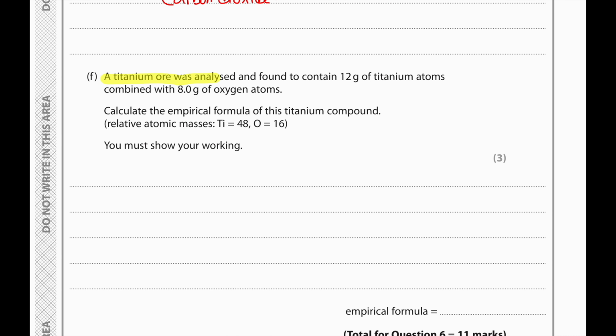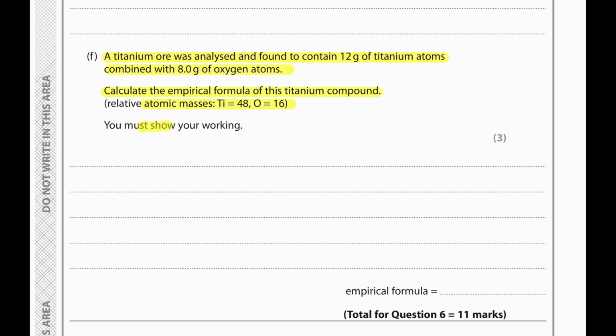A titanium ore was analyzed and found to contain 12 grams of titanium atoms combined with 8 grams of oxygen atoms. Calculate the empirical formula of this titanium compound. The atomic masses of titanium and oxygen are provided. We must show our working. The compound is titanium atoms combined with oxygen atoms, meaning it is a titanium oxide.